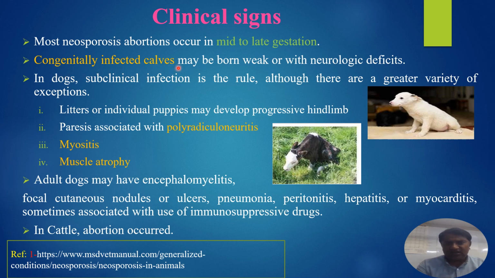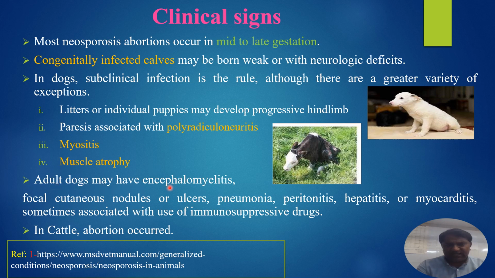So the clinical signs: most neosporosis abortions occur in mid or late gestation. Congenitally infected calves may be born weak or with neurological deficits. In dogs, subclinical infection is the rule, although there is a greater variety of exceptions. Litters or individual puppies may develop progressive hind limb paresis associated with polyradiculoneuritis, myositis, and muscle atrophy.